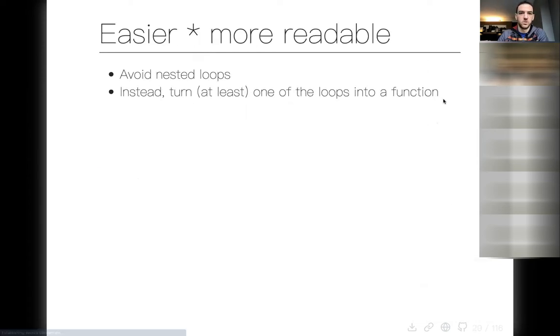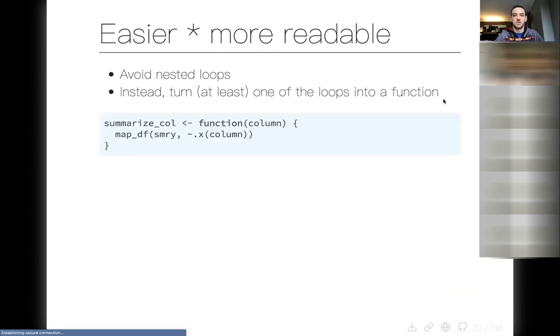Okay, moving on. So more readable and better, in my opinion, is to actually write a function. I have mentioned many times in this class that I would avoid nested loops like the plague, like COVID, if you can.